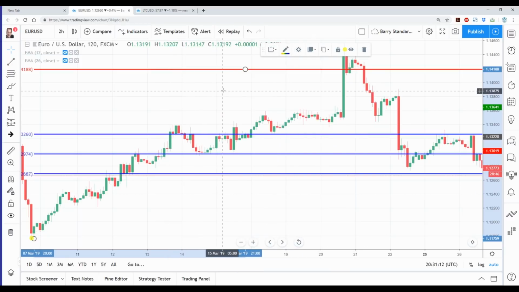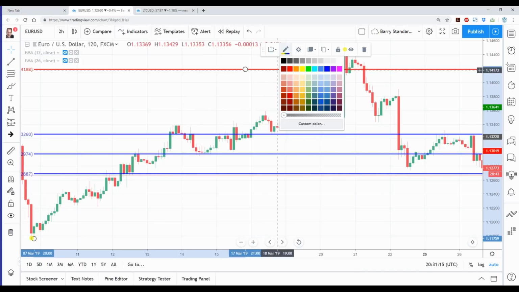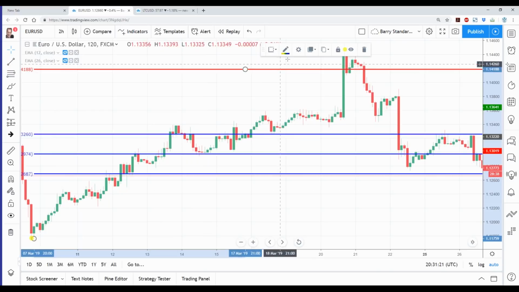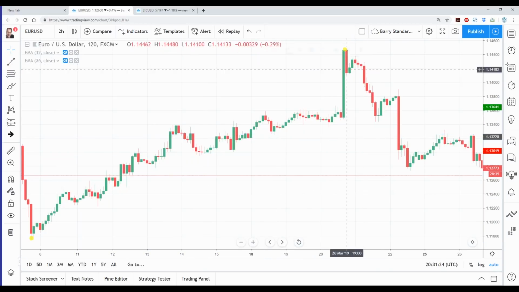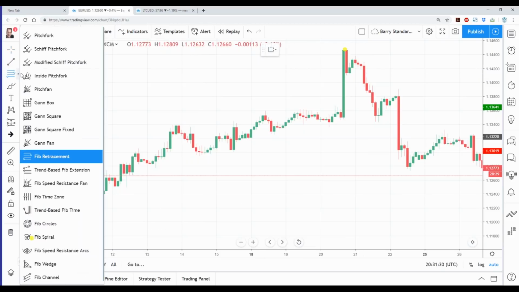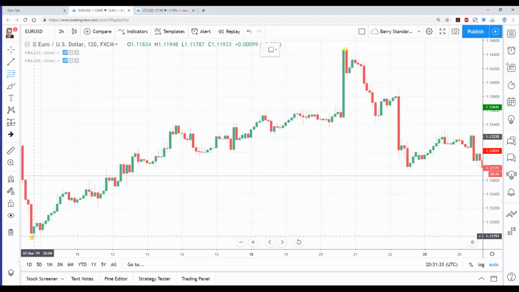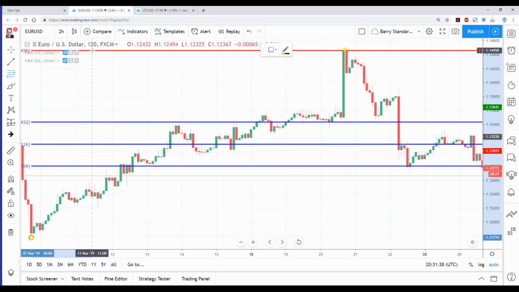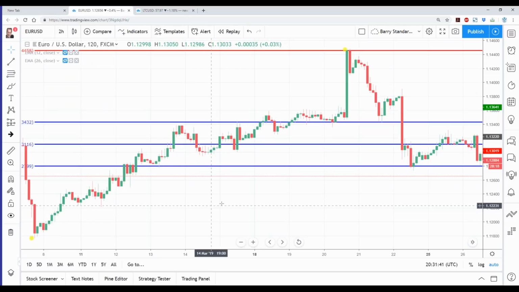So now we have our Fibonacci tool drawn on our charts. And so this is 100%. The move started here with a 0. It's up here at 100%.